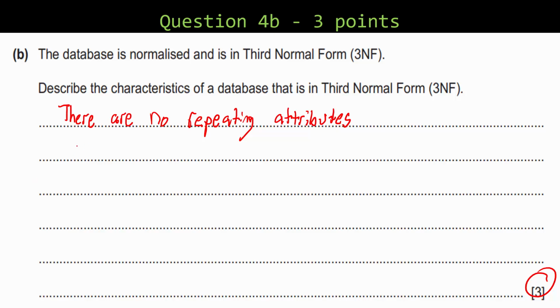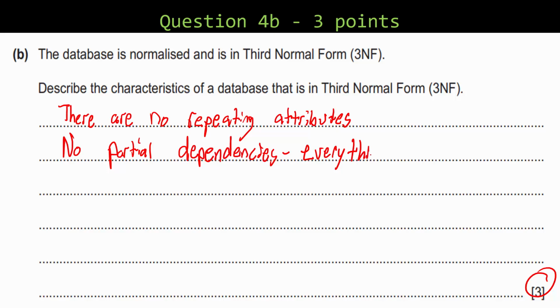There's also, when we get to second normal form, there are no partial dependencies. And we need to explain what that means, because remember, we don't want to wind up with an NE on our paper. So we want to say everything is dependent upon the primary key.